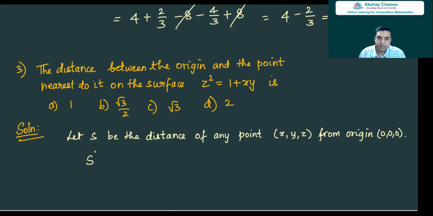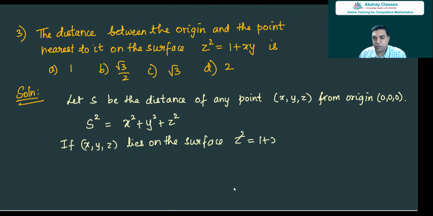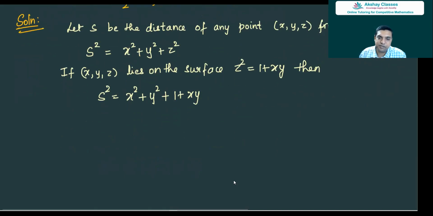So S square is (x minus 0) the whole square plus (y minus 0) the whole square plus (z minus 0) the whole square. Now, if (x, y, z) lies on the surface z square is equal to 1 plus xy, then what happens? S square is x square plus y square plus 1 plus xy. So we want to minimize this function.